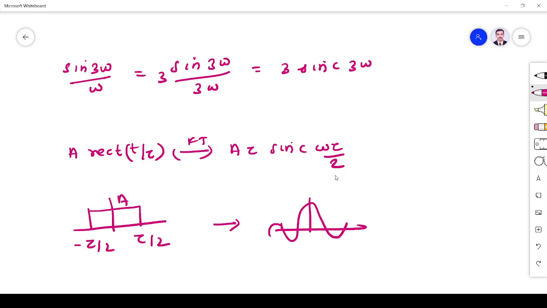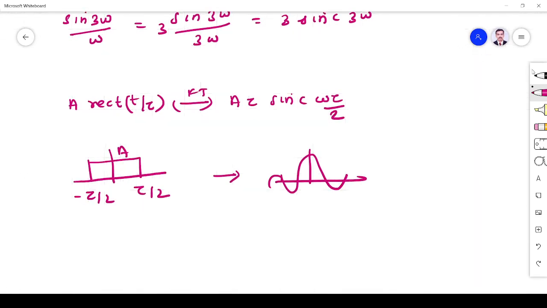So this you must know. For a rectangular pulse, the Fourier transform is sinc, so for sinc, the inverse Fourier transform will be rectangular. So what I have is 3 sinc 3 omega, and I have to get the rectangular pulse.